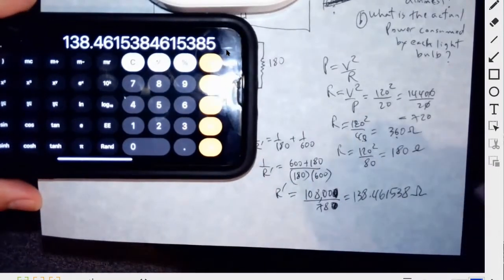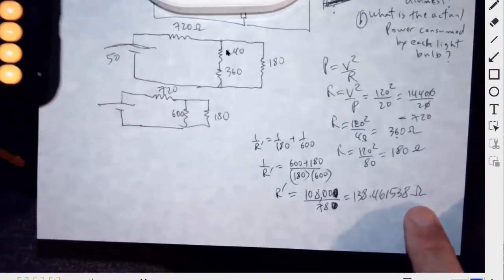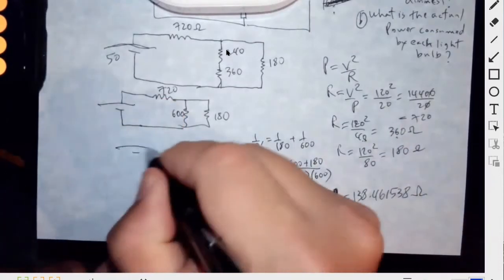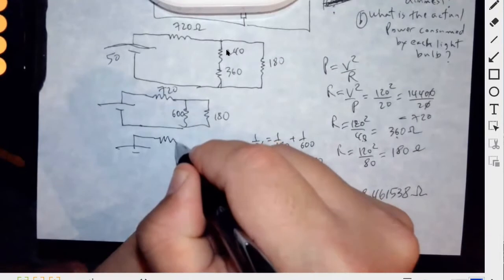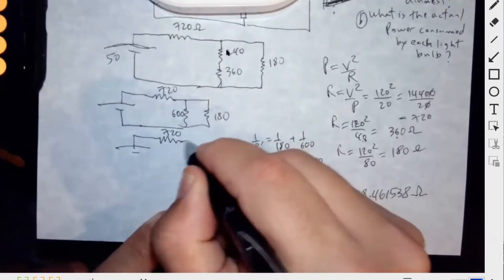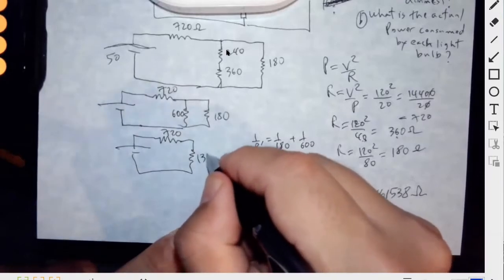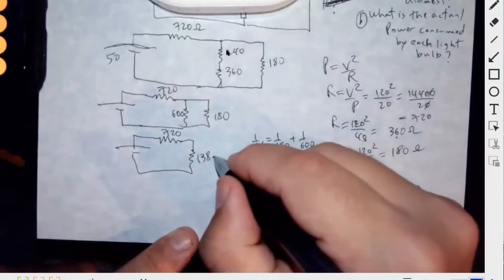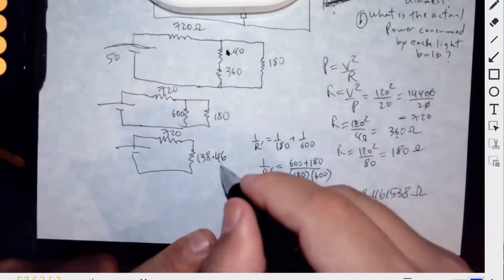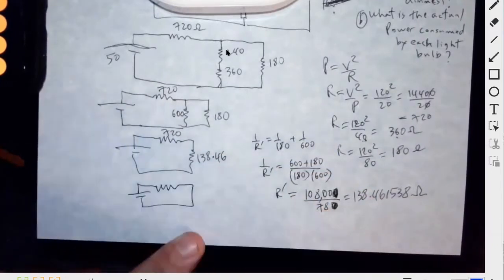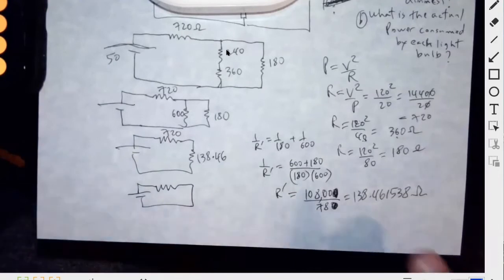Okay, and then that one gets added to this guy, right? So this is 720, and 138.46. Then add them in series, just add 720 to this.